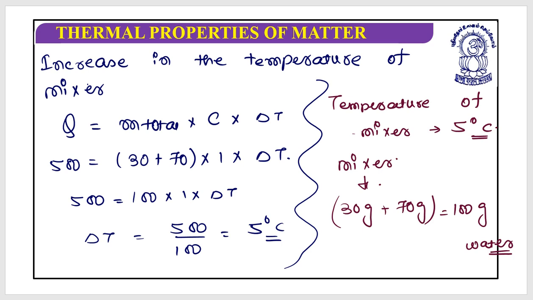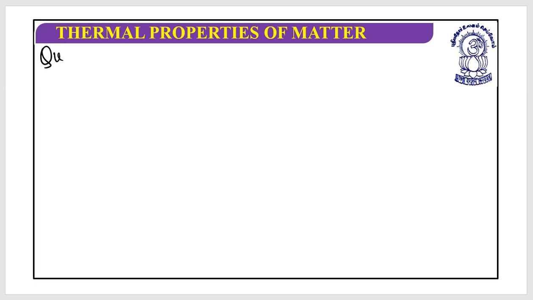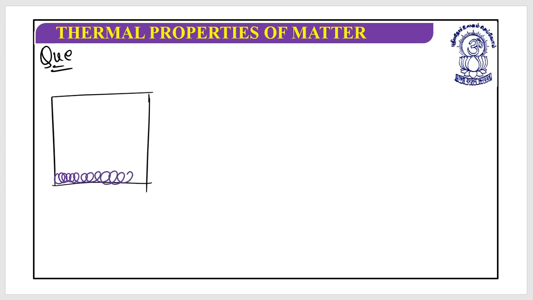Are you ready? Great. Shall I mix the steam with it? Let's have a look. Let's suppose this is a calorimeter, and in this calorimeter we have ice cubes, something like this. The mass of ice is 20 gram, and let's say it is at minus 30 degrees Celsius.